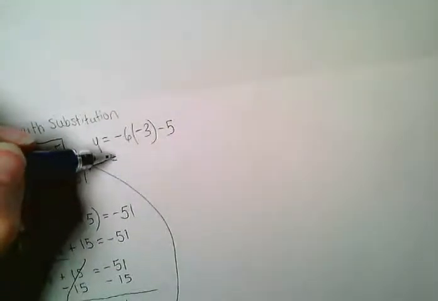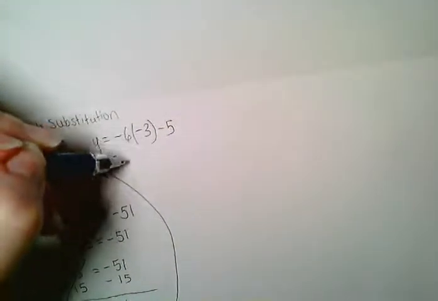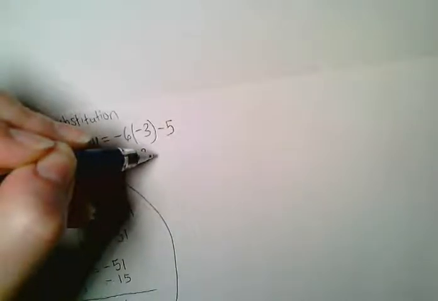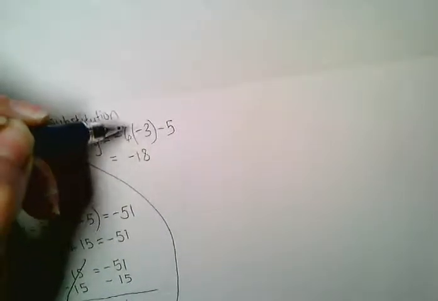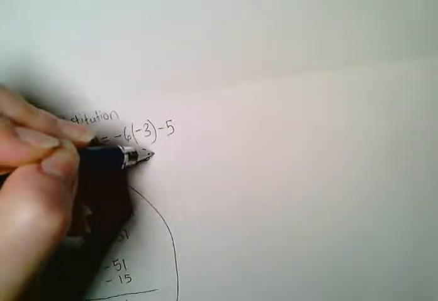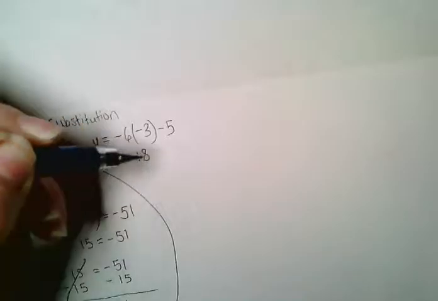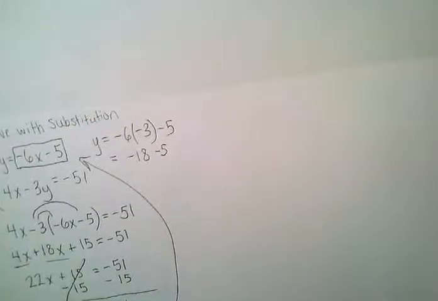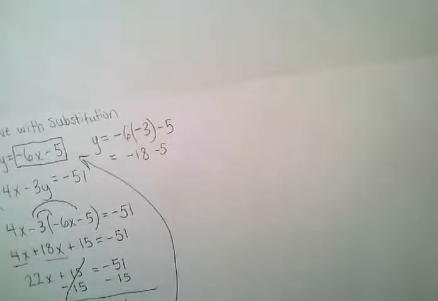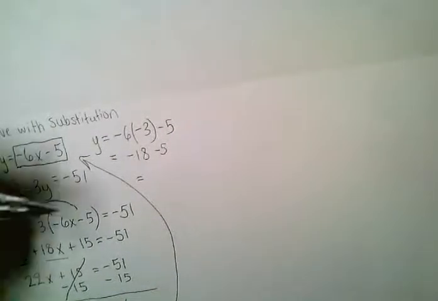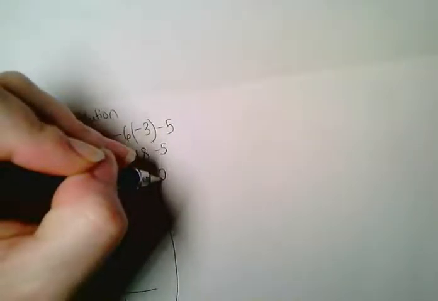So I'll get negative 18 minus 5, so negative 18 minus 5 gives me negative 23.